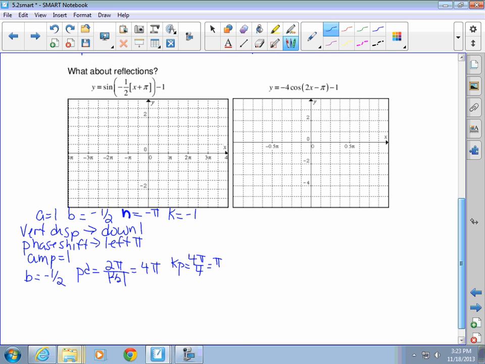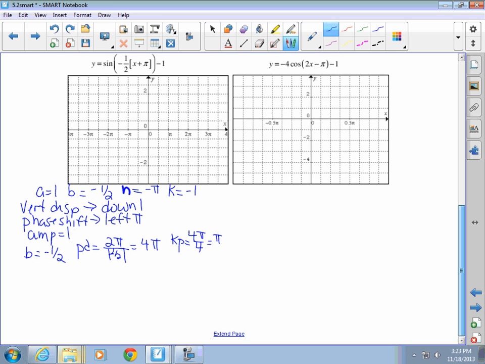So because b is negative, we have a reflection in the y-axis.